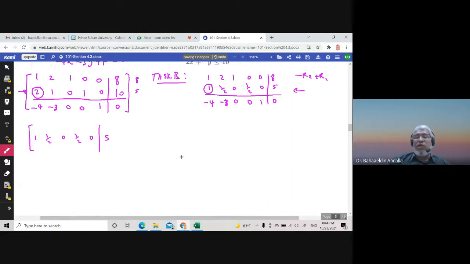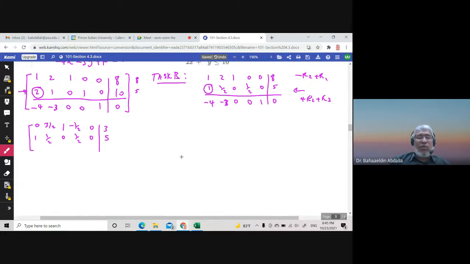So we use it to make this one 0. And to make negative 4 zero, 4R2 plus R3. So negative 1 plus 1 is 0. Negative half plus 2 is 3 over 2. Negative 0 plus 1 is 1. Negative half plus 0 is negative half. This is 0. Negative 5 plus 8 is 3.